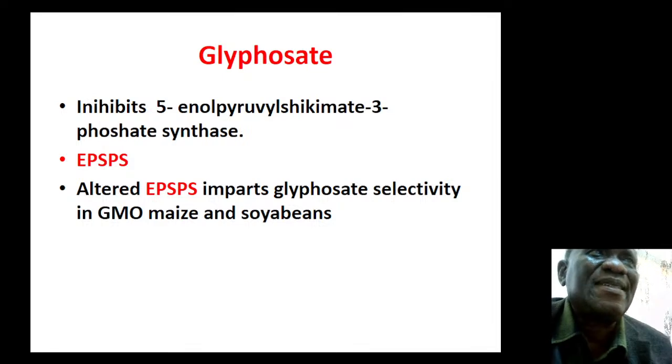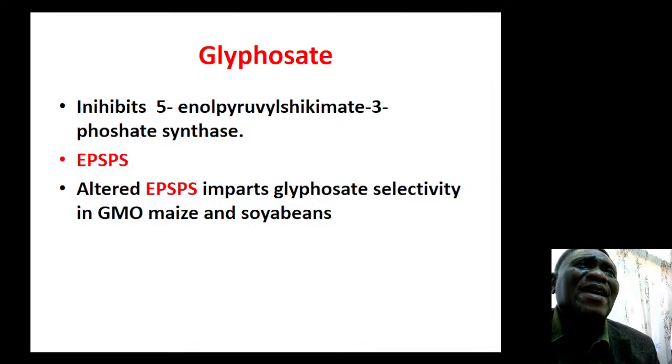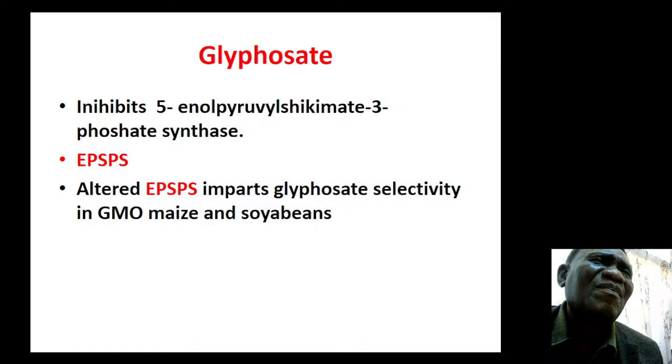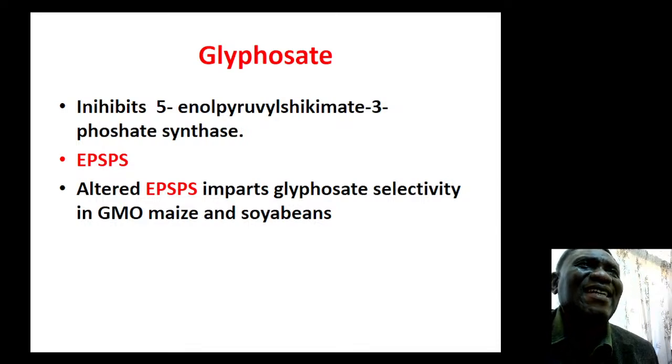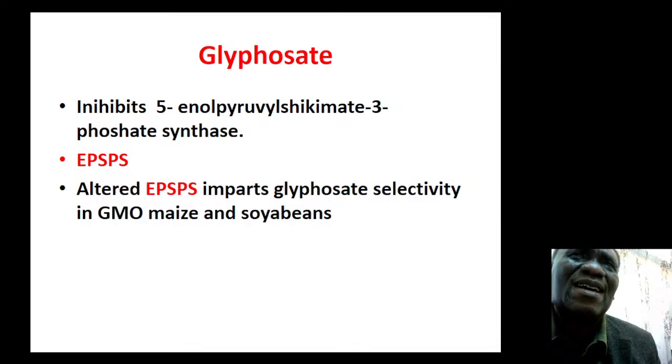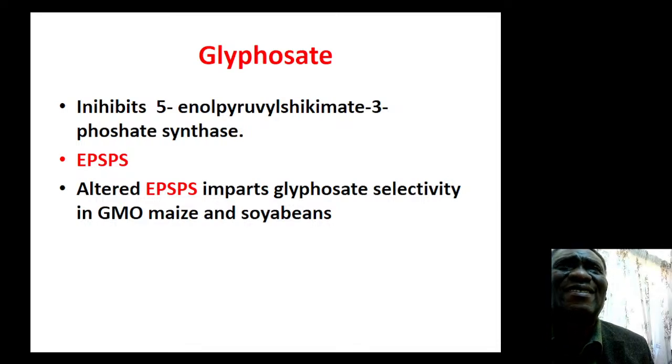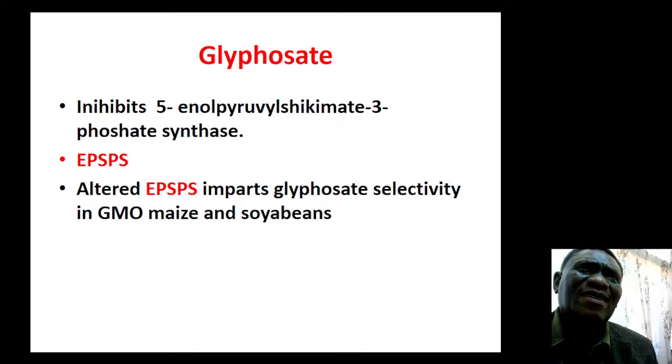Glyphosate can inhibit 5-enolpyruvylshikimate-3-phosphate synthase, EPSPS. Maybe just call it EPSPS. It will solve a lot of our problems. The altered EPSPS imparts glyphosate selectivity in GMO maize and soybeans. So the type of selectivity which is physiological, which we have been discussing, concerns herbicide mobility.